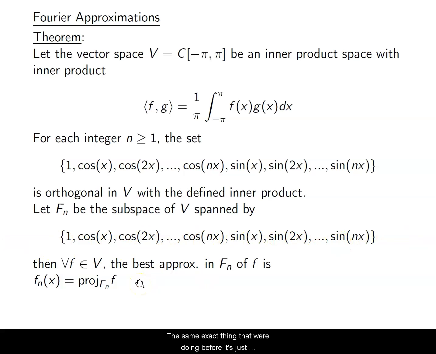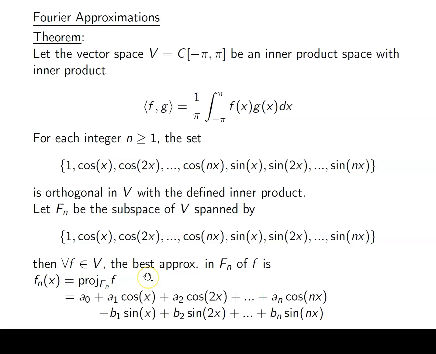So same exact thing that we're doing before. It's just that my space here is given by this set of functions, right? So this would be similar to my column space of A in this case, right? And the function that I'm interested in, the best approximation is that function being projected onto this orthogonal basis for the subspace F_n.